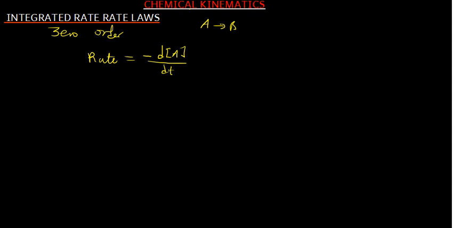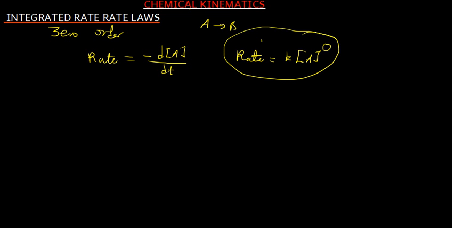Now for a zero order reaction, when we want to write the differential rate law for a zero order reaction, differential rate law is given by K. You get the concentration of the reactant. Because we're talking of zero order, it will be raised to the power 0. So we're going to relate the differential rate law to just the rate to be able to determine the integrated rate law.